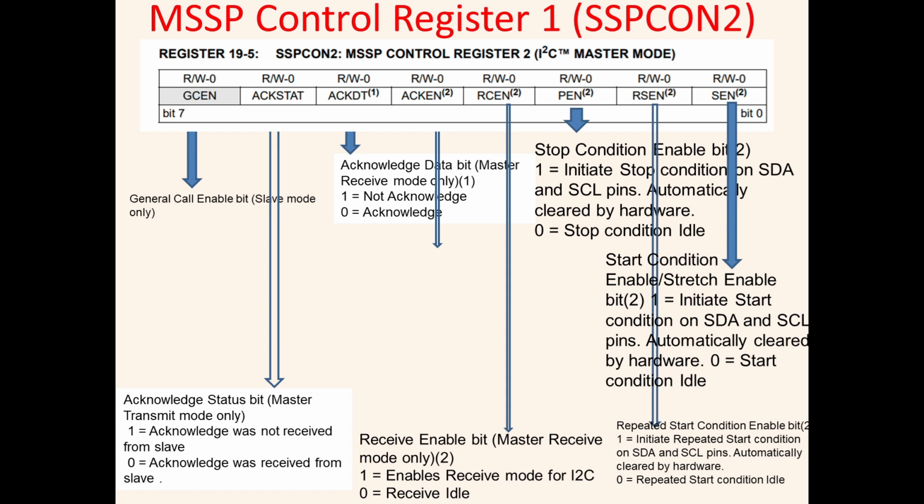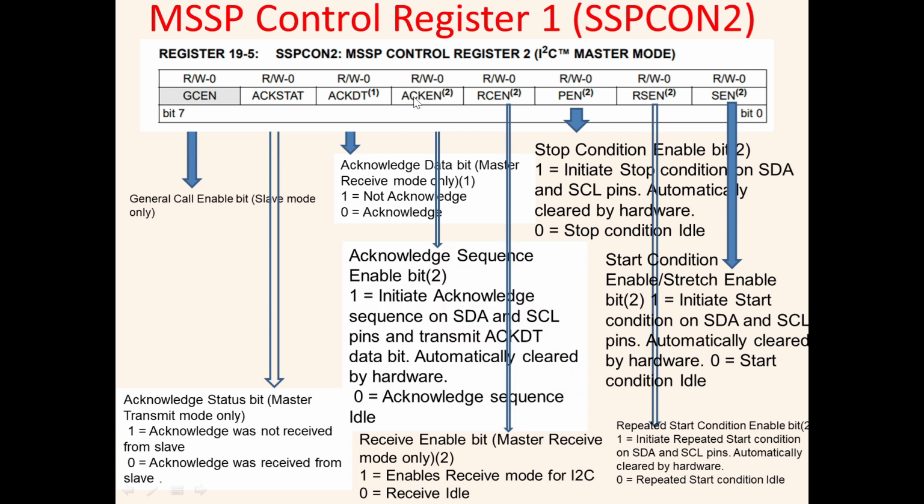So ultimately your master becomes the receiver. So this is the status bit for acknowledgement, for knowing whether you will be able to receive the data from the slave or not. So your slave should be able to indicate this in terms of acknowledgement. So that is nothing but acknowledge DT.